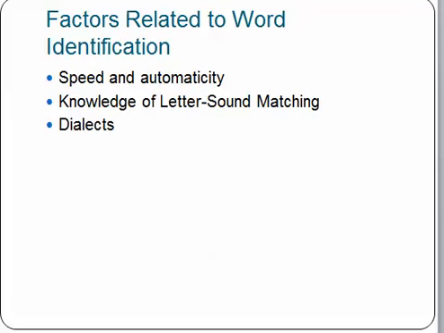We have factors related to word identification, speed and automaticity. Speed is within that second, and automaticity has to do with accuracy. The ability to identify words accurately and quickly are characteristics of very skilled readers.